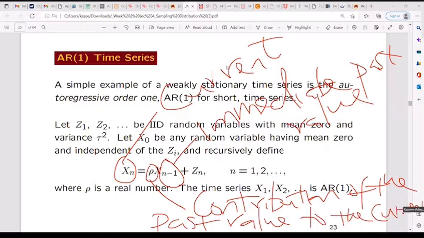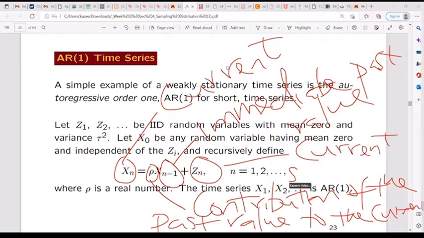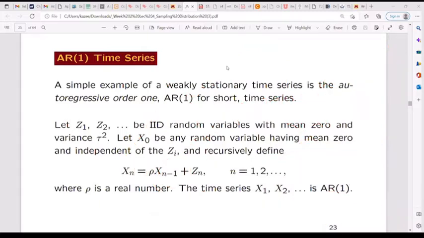And this guy here is more or less like a current shock on the system, which I can call a white noise, which is a residual. In every statistical model, there's going to be a deterministic part and a random part. Now I'm going to tell you, this guy here is the deterministic part.